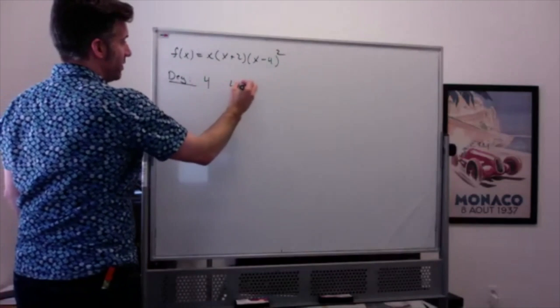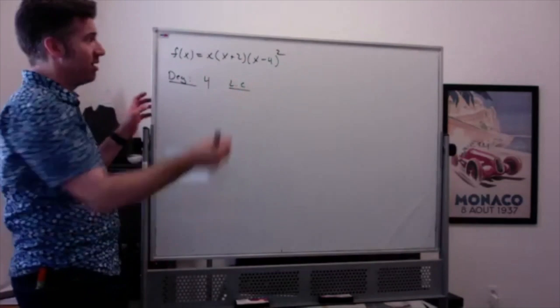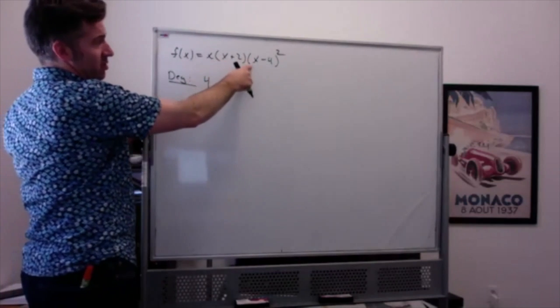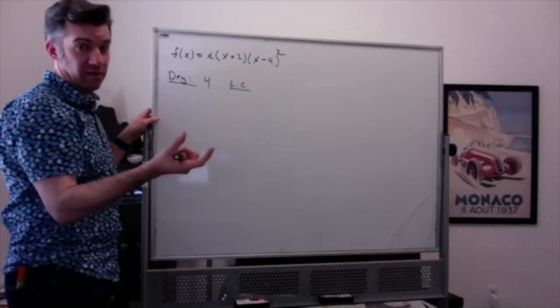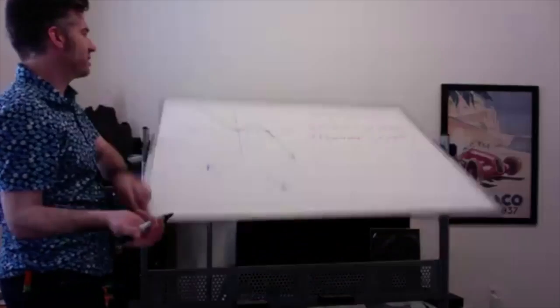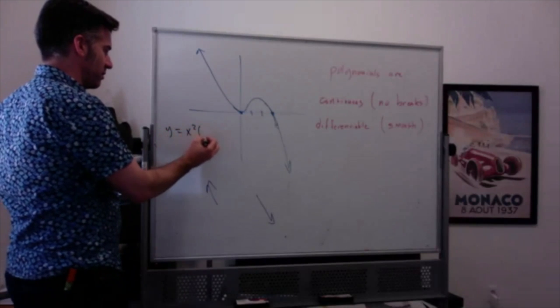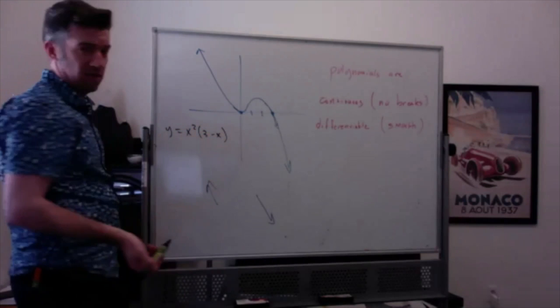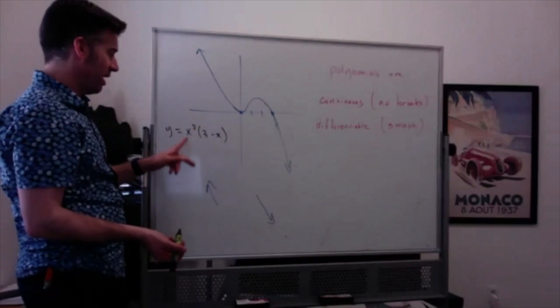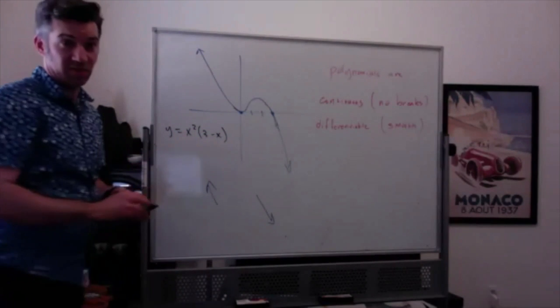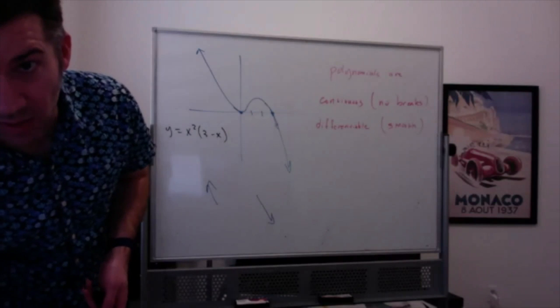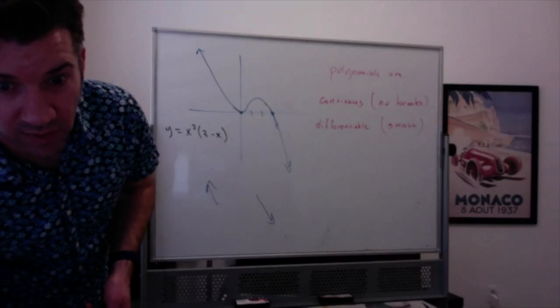And my leading coefficient, well, again, if I multiply those together, x times an x squared would give me a positive x to the fourth, right? Unlike the previous example, which I know I erased, but was y equal to x squared times 3 minus x. When I multiply out the highest x's here, an x squared times a negative x gives me a negative x cubed as my leading term, with a negative 1 as the leading coefficient.